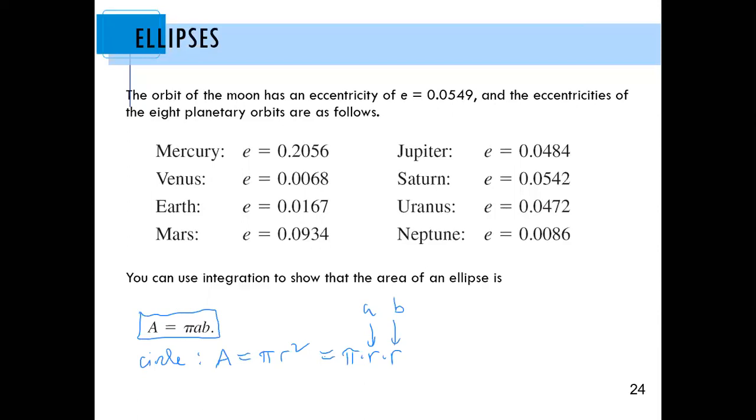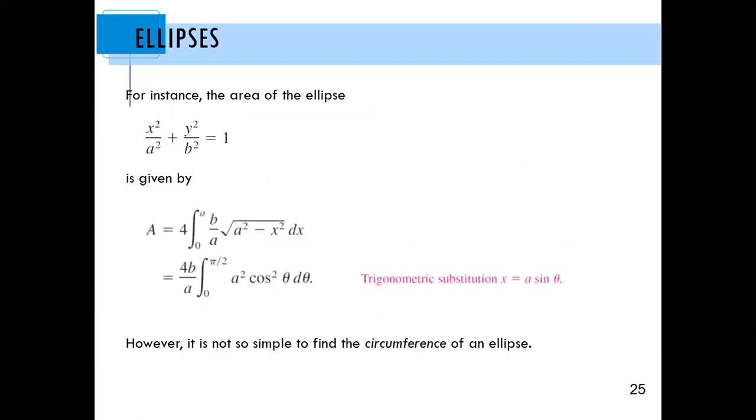Yes, there is a formula for the circumference as well. I was going to show you, in fact, I mentioned that right here. Here's how you would prove the formula for the area of an ellipse. You would solve for the equation of the upper part of the ellipse and integrate that, and guess what you would have to use?